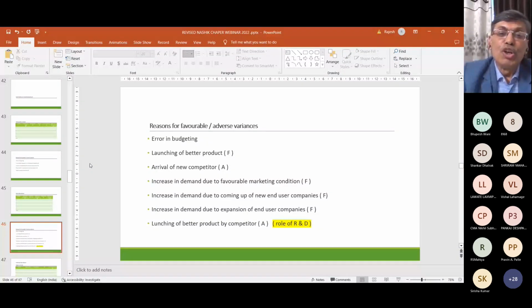Unlike the arrival of a new competitor, here with the launching of a better product, our product needs to compete with the product of the competitor. So we need to strengthen our R&D, which in turn will strengthen our product features, so that our product is equally acceptable in the market as compared to our competitors.